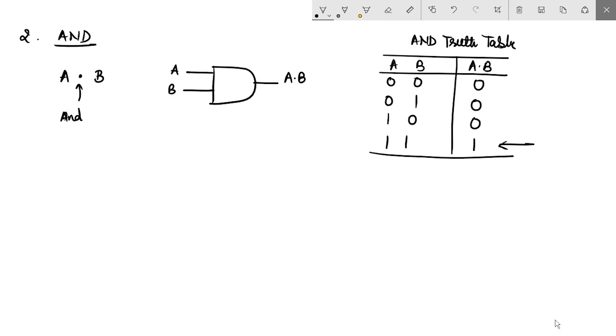It is kind of like multiplication in mathematics, where if you multiply anything with 0, you will get a 0 output. To get 1, both of them have to be 1. Otherwise, you will get a 0 output. Just as the OR operator is kind of similar to addition, except that this is logical addition, not mathematical addition.